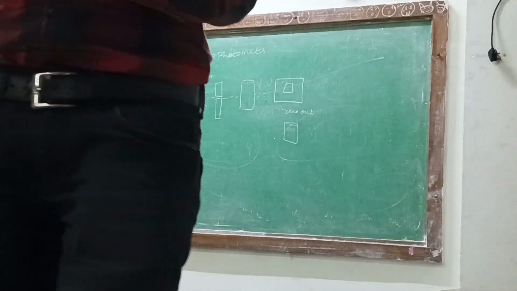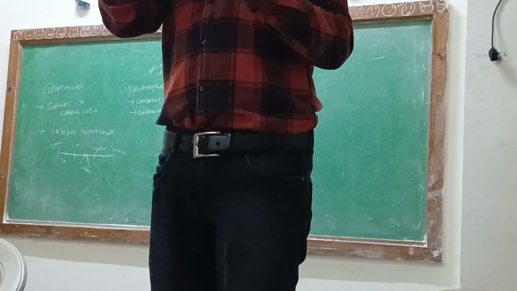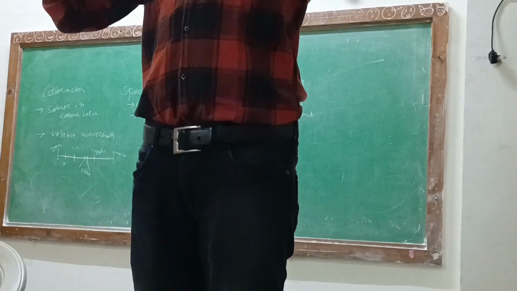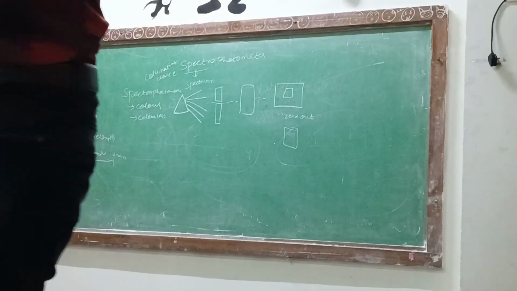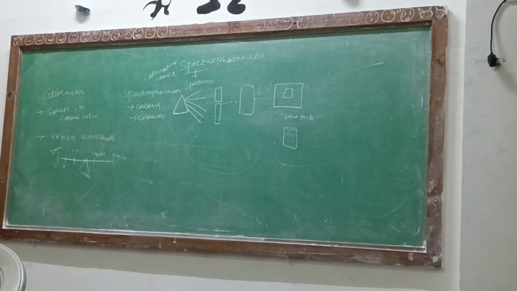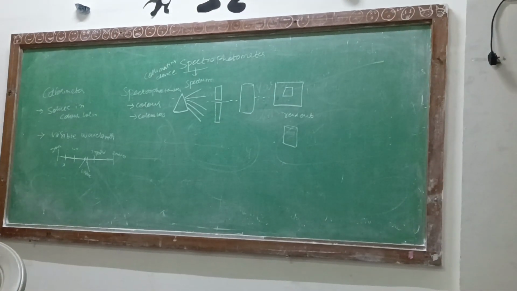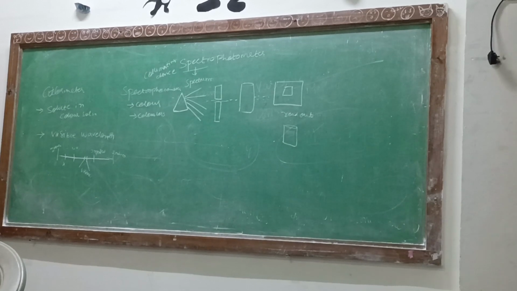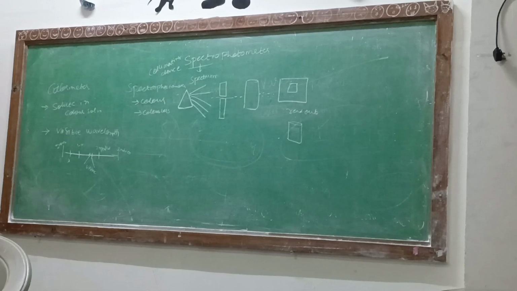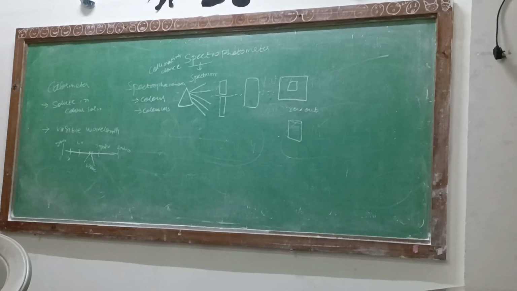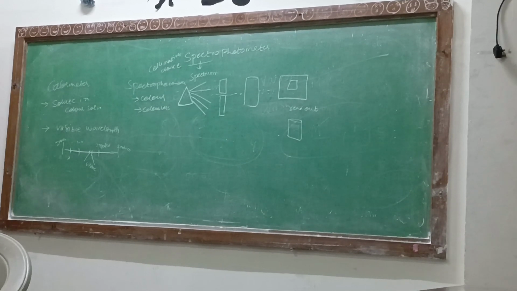This is a major difference. The range of the spectrum is a little extended. It can be diverted towards the UV rays, and towards the infrared too. Those rays can also be implemented in the spectrophotometer, whereas the colorimeter is not. The colorimeter is fixed as the channel of visible light. Whatever visible light is there, you can use that light only.